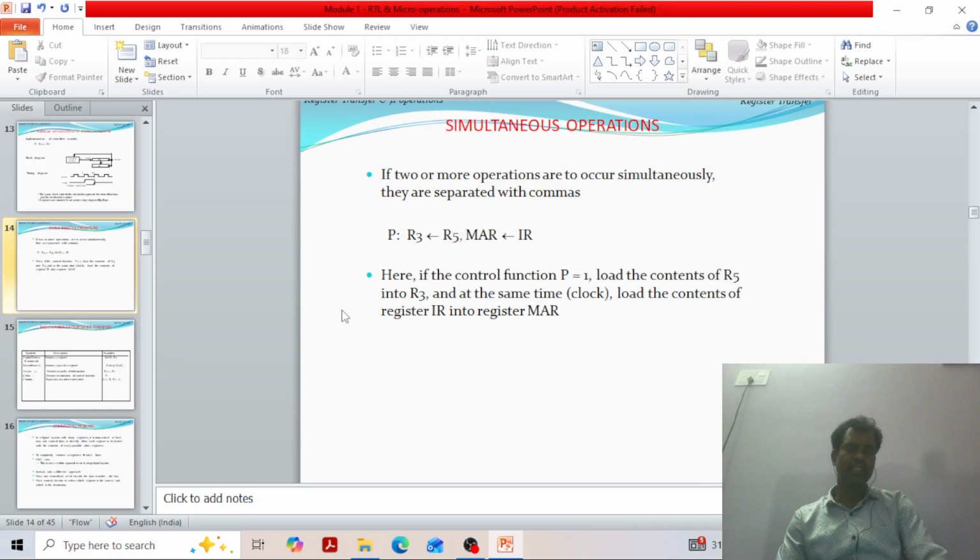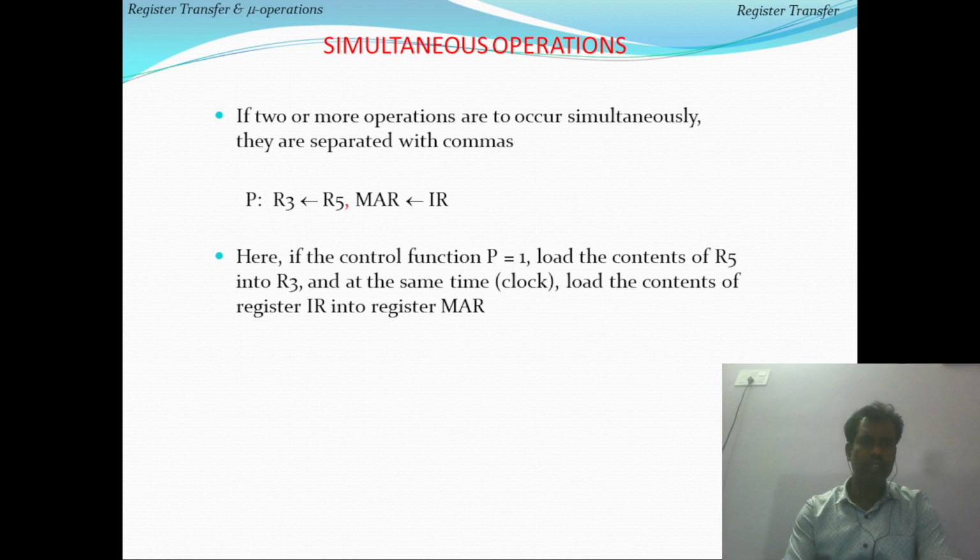So now let's see the simultaneous operations. If such a kind of transfer has to be performed parallelly between two different register transfers. So when the control logic is high or true, when P is true, then the data has to be transferred from IR register to MR and also simultaneously R5 to R3.